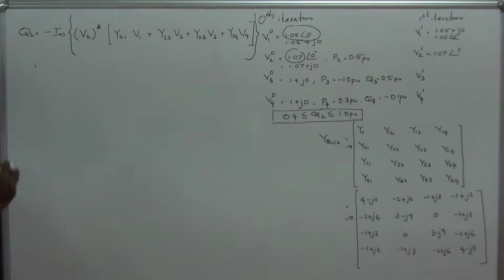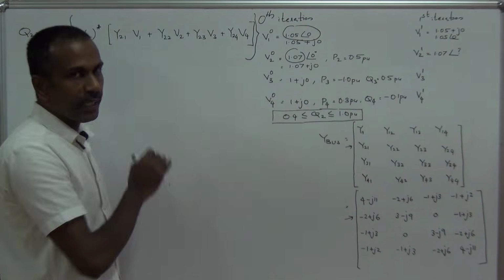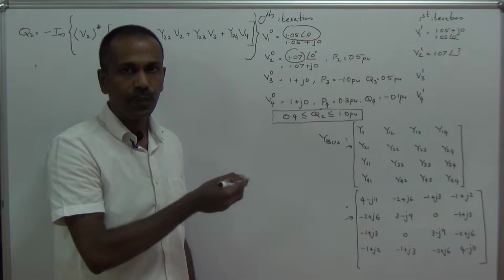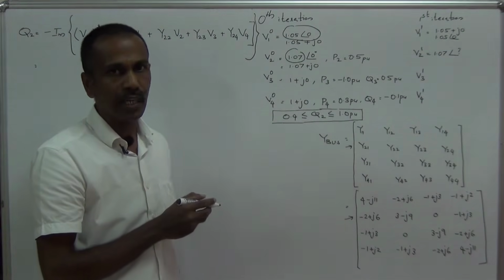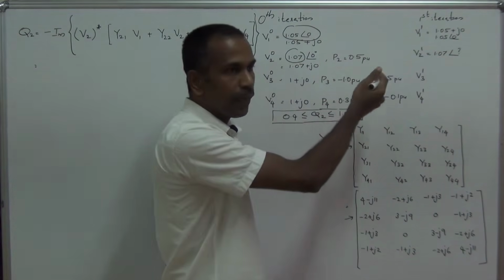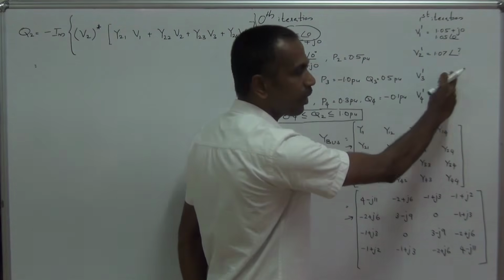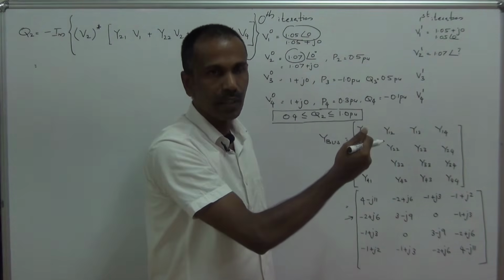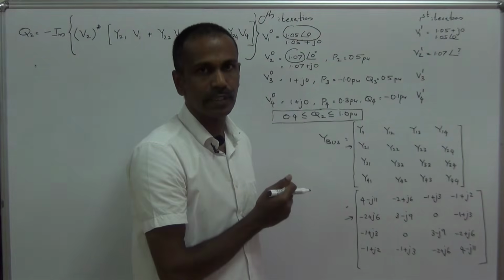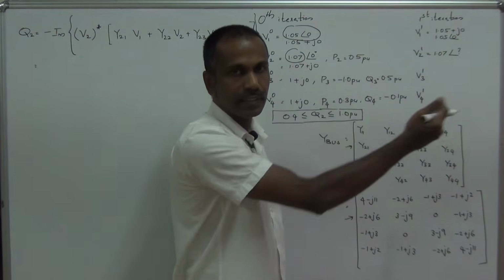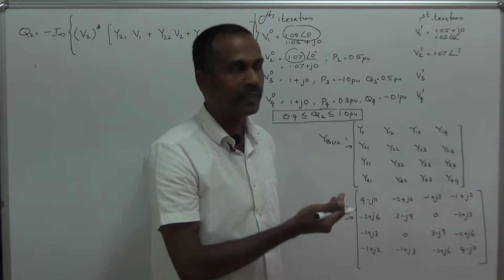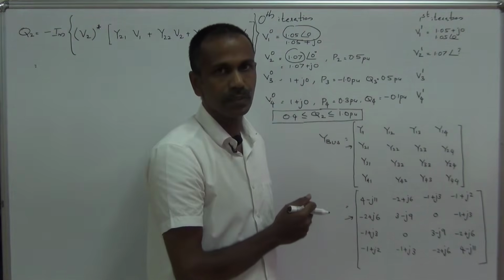Now this is equal to, when you write the voltages, you have to write the updated voltages available, or the latest voltages available, because the first iteration voltages are more accurate when compared to the 0th iteration voltages. The second iteration voltages are better than the first iteration voltages.